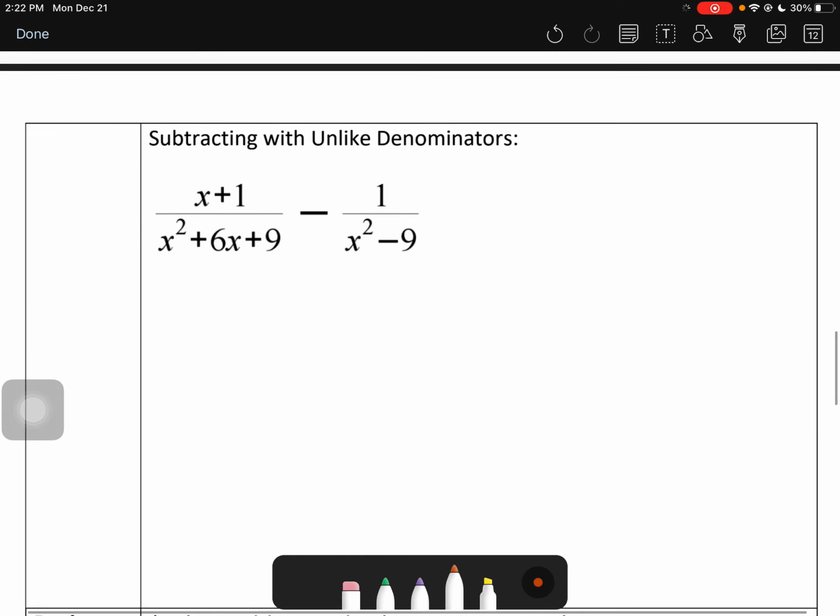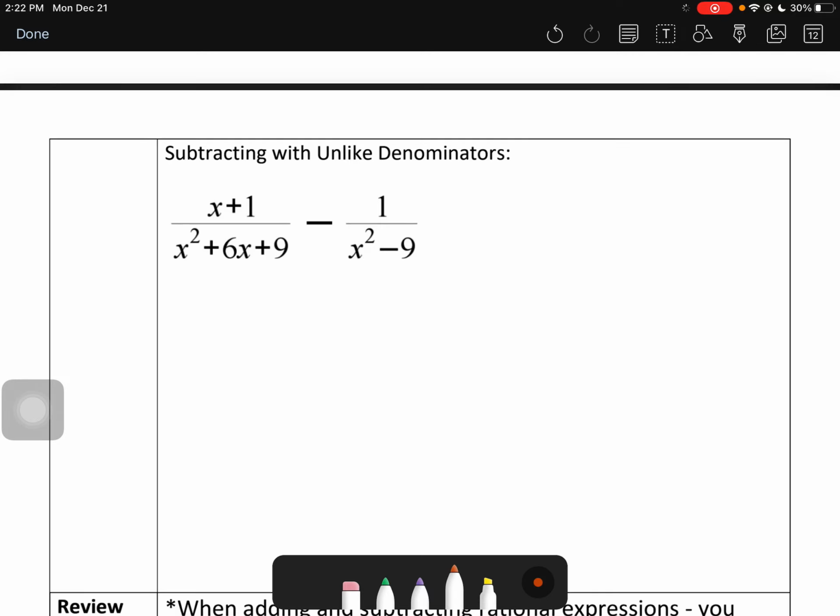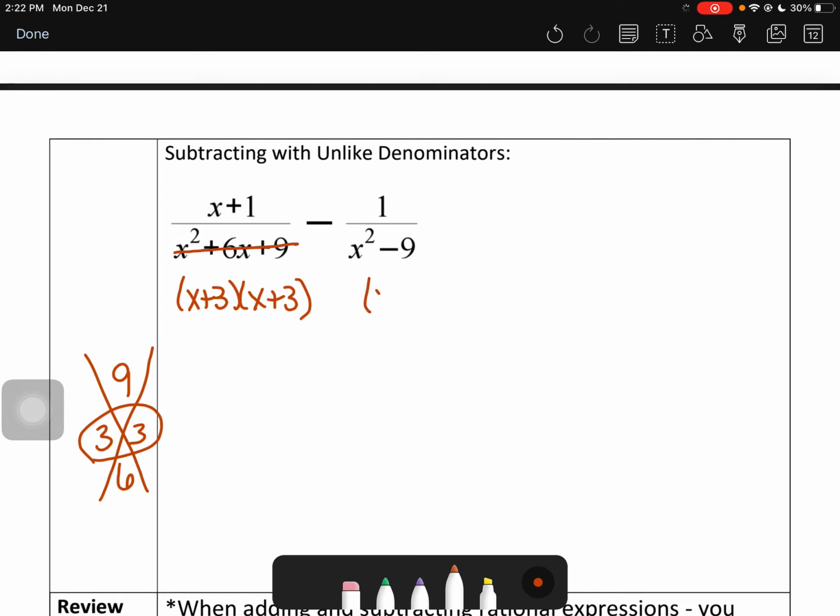All right, one more, subtracting with unlike denominators. So we have x plus 3 and x plus 3 if we factor the x squared expression. What two numbers multiply to be 9 but add up to be 6? That would be 3 and 3.